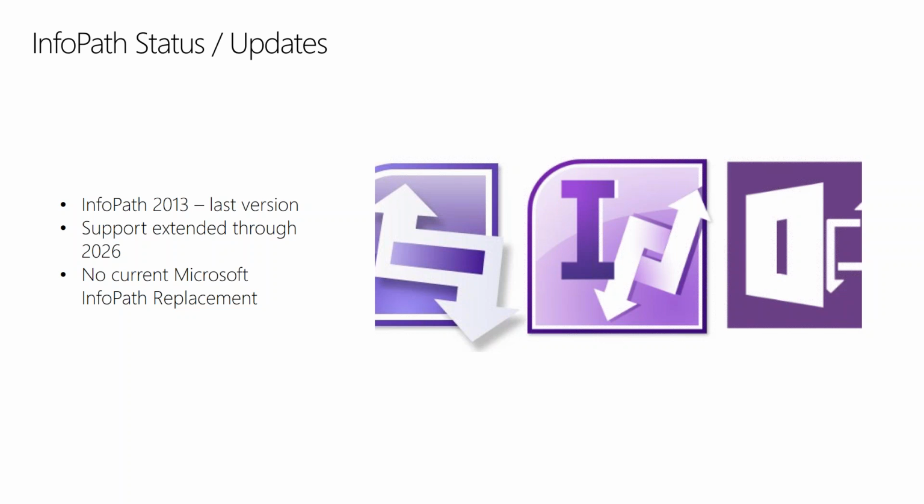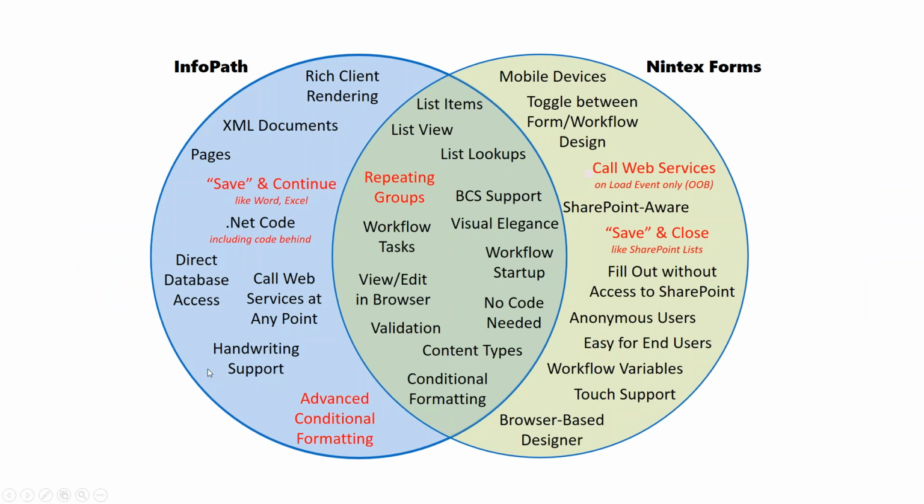They were looking at Forms, Apps, even Access as possible replacements, but none of those have come to fruition yet. And so a lot of people are looking for what other step they can take to create those forms.